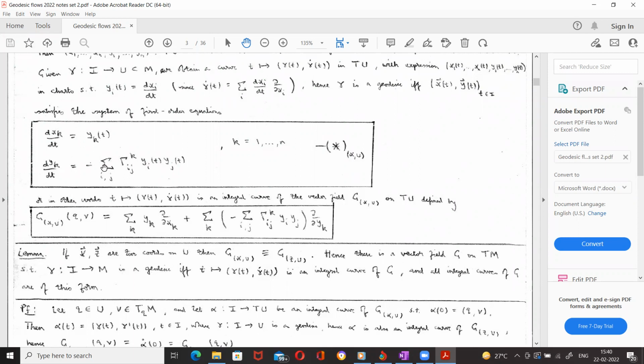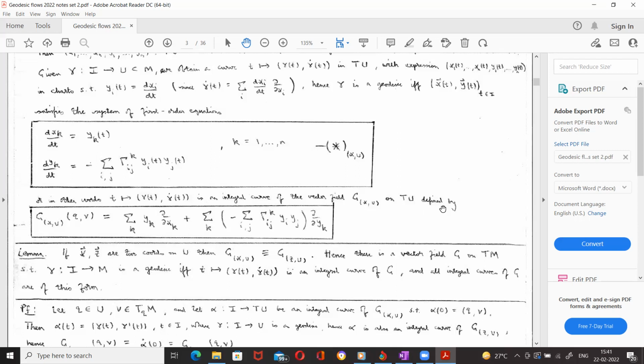So in other words, what does this mean? This means that my curve (gamma(t), gamma'(t)) in the tangent bundle is an integral curve of the following vector field on this chart on TU, the tangent bundle of U, where U is my open set in M. So the curve t goes to (gamma(t), gamma'(t)) is an integral curve of the vector field, let me call it G_{x,U}, because a priori it depends on the choice of coordinate x.